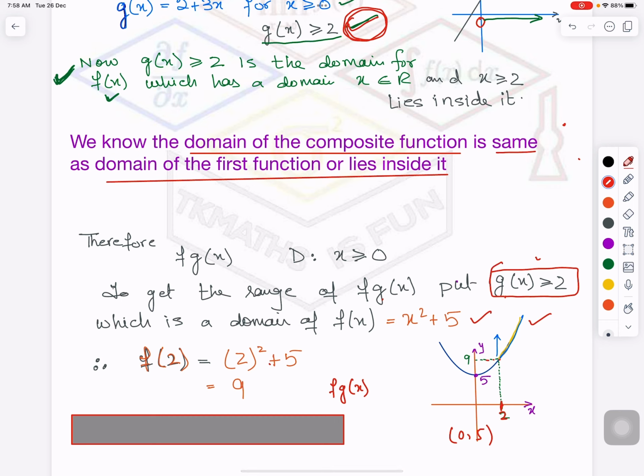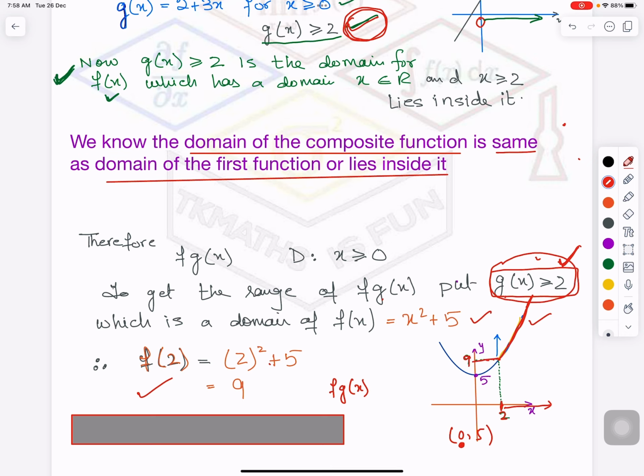When I'm talking about the values of x greater than 2, it means the turning point is not lying within this given domain. So if I see x greater than equals to 2, I'm talking about this part of the curve, which is a one-to-one function. So when it is a one-to-one function, you can simply get it from substitution.